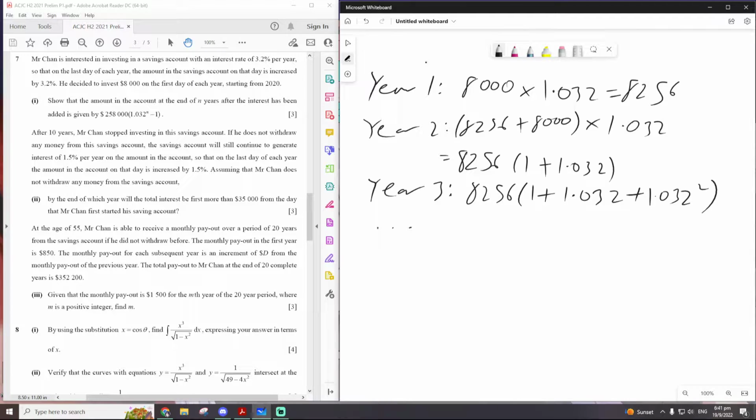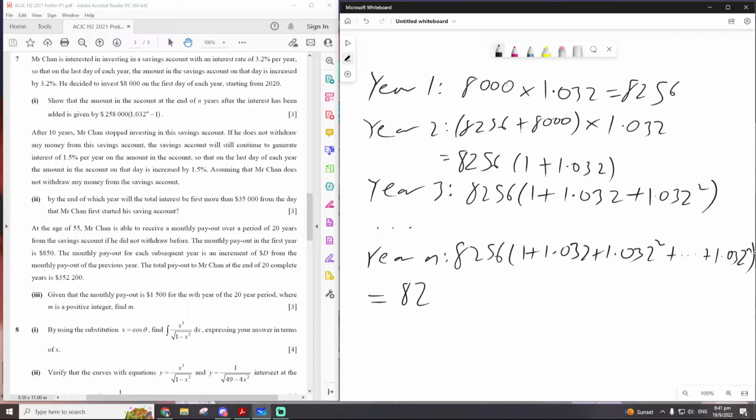So this will continue until the end of your n, which you will see is 8256 times (1 plus 1.032 plus 1.032 squared, and this goes on until the end here), if I can fit it in the screen. Okay, and this is a GP, of course.